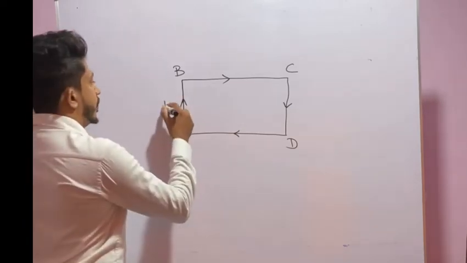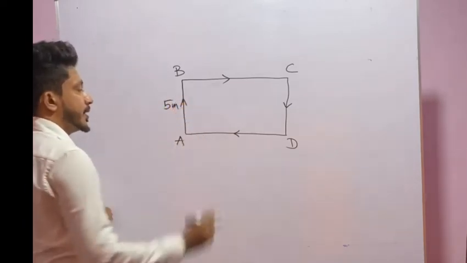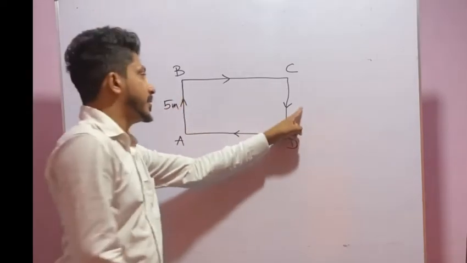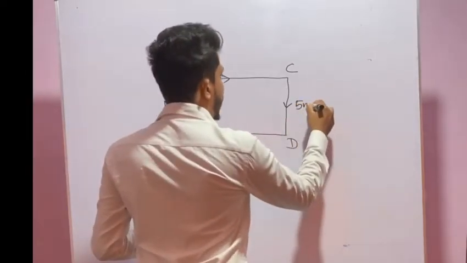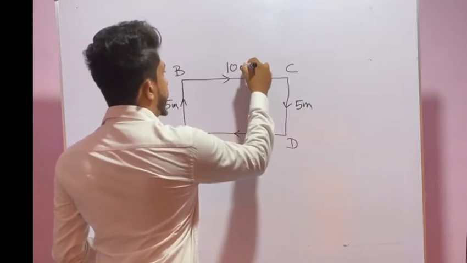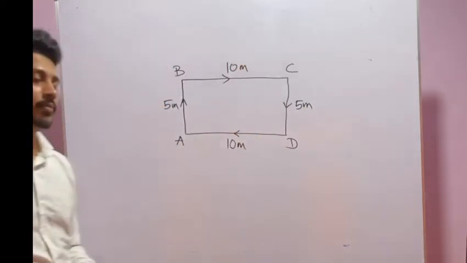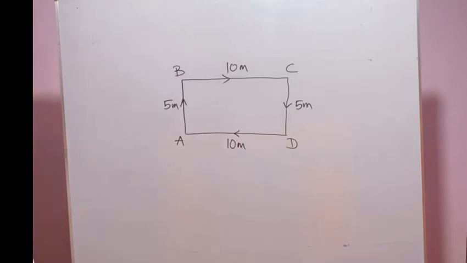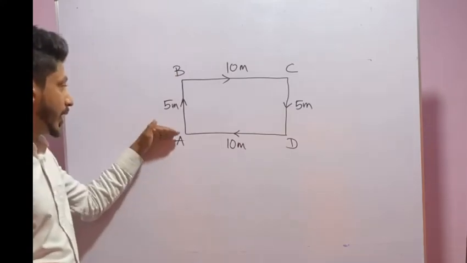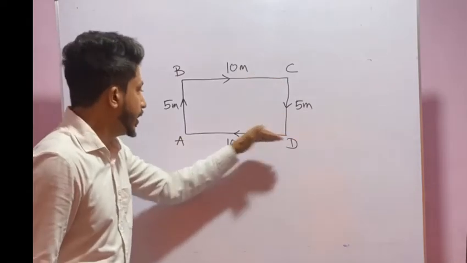This is 5 meters. As this is a rectangle, this side is also 5 meters. This is 10 meters, and because of that, this is also 10 meters. So a person has traveled from A to B, then C, then D to A.